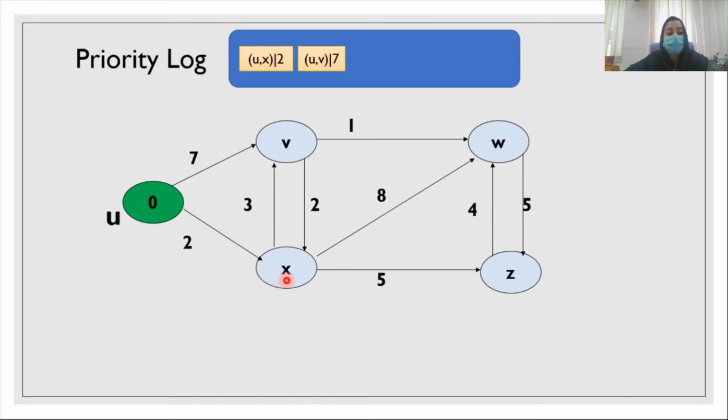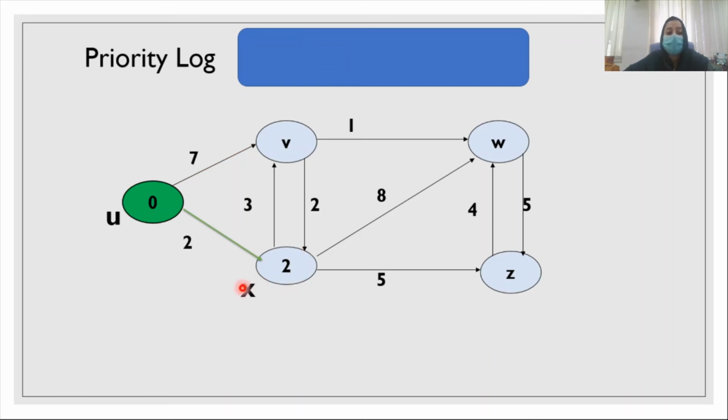So that means to reach X we have to go through this edge of 2. So we select that particular edge and we get to the X. That means the shortest path to get to the X from U contains a weight of 2. Now we need to find the others.